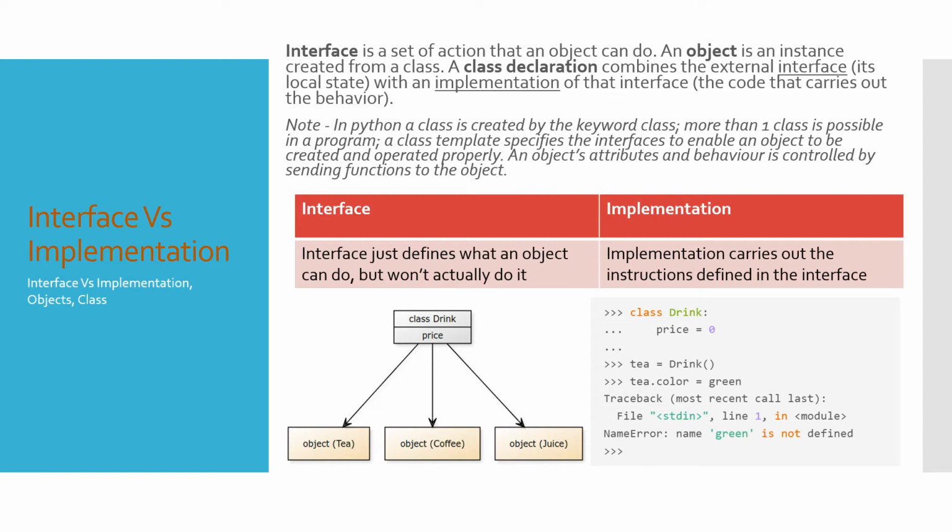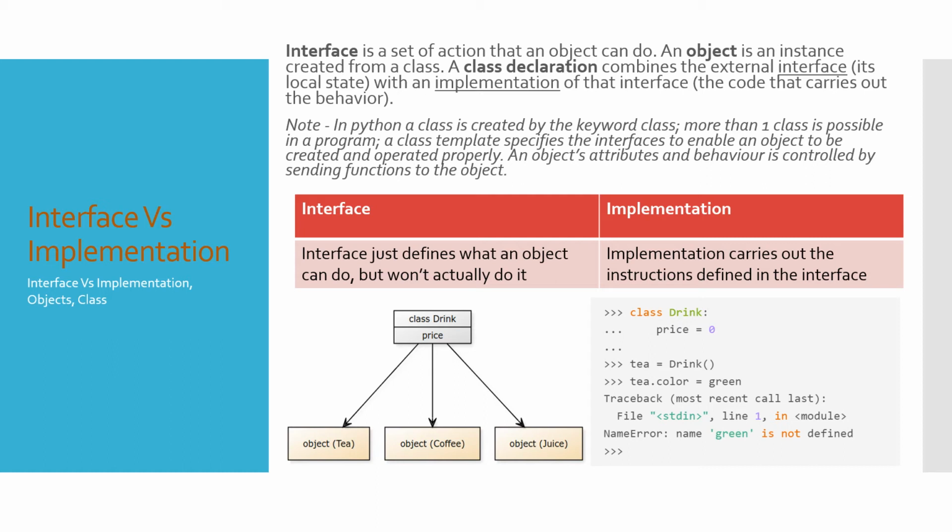So as you see in the table, an interface just defines what an object can do, but won't actually do it. In this case, you can see the objects are multiple. Tea is an object, coffee is an object. It can be a juice, water, anything. Each has its price points, and drink is the class which is made of different objects basically. Now, when you see the implementations outside, you start with the price set as a default value of 0, and then from the class tea, you can derive many things.